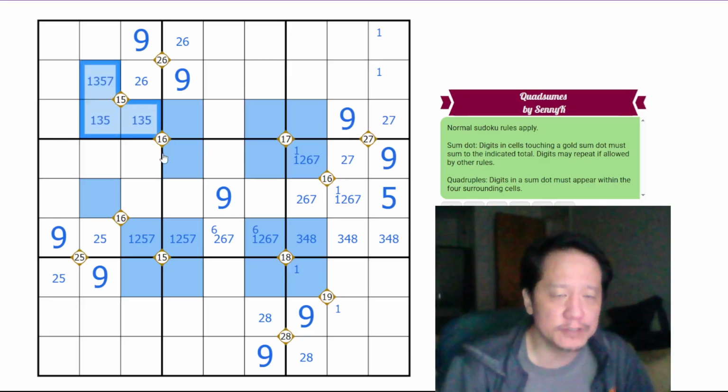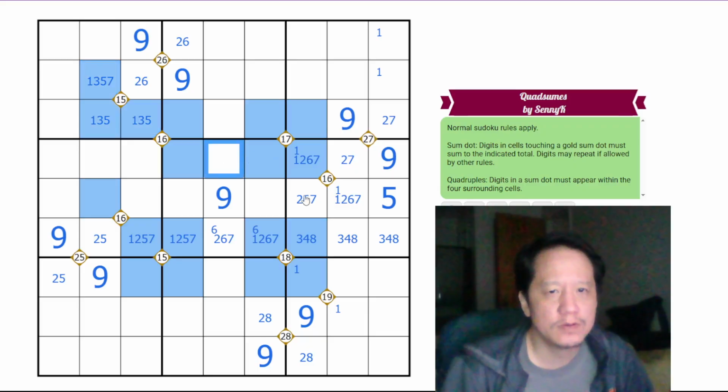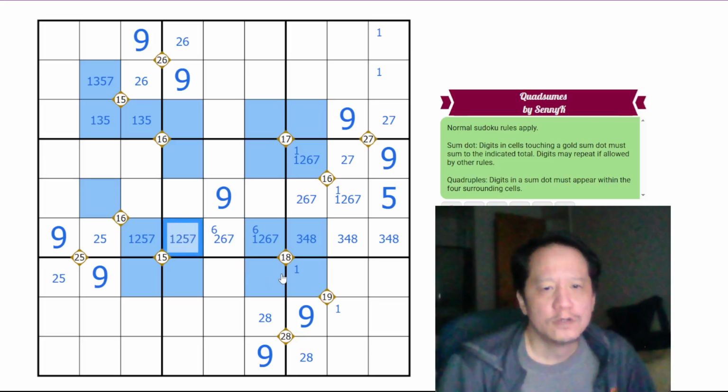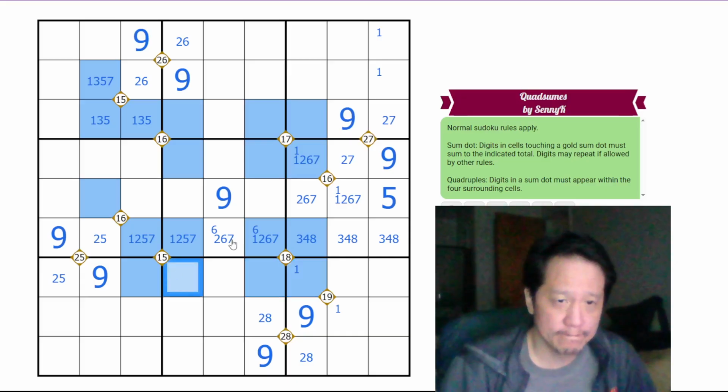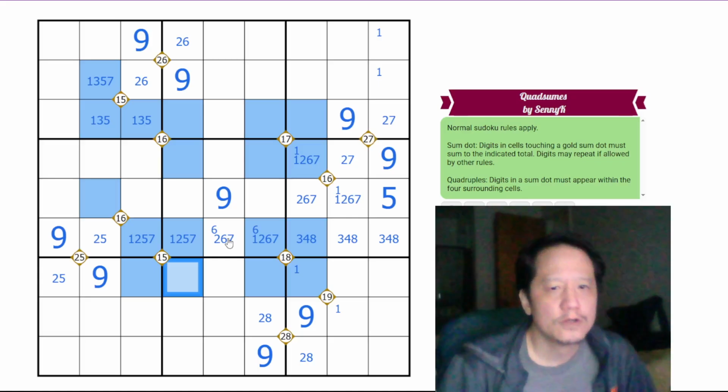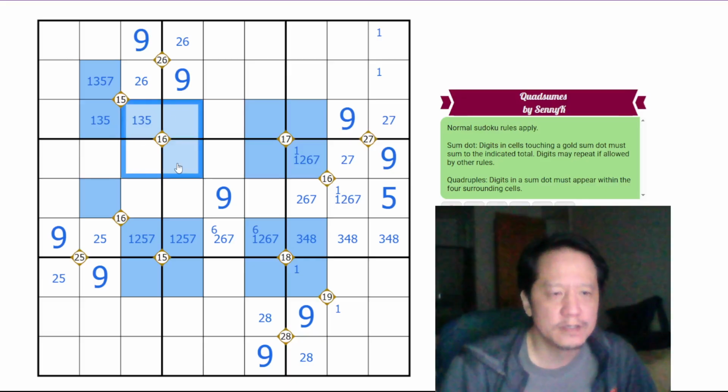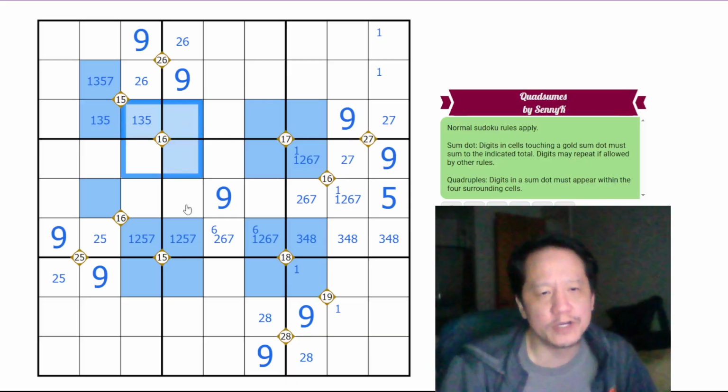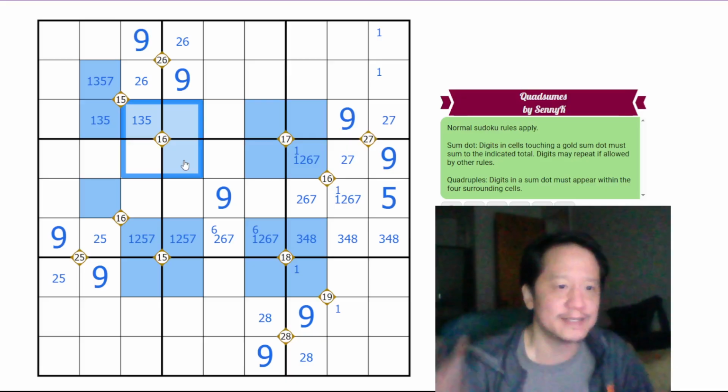We have 1 guaranteed there. As I said earlier, around these quads, we cannot have another 1-8 pair to add up to 9, because we have a guaranteed 1 here and a guaranteed 1 here, which means this cannot contain 2 1s.